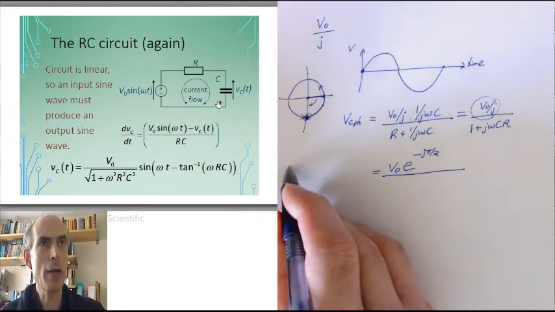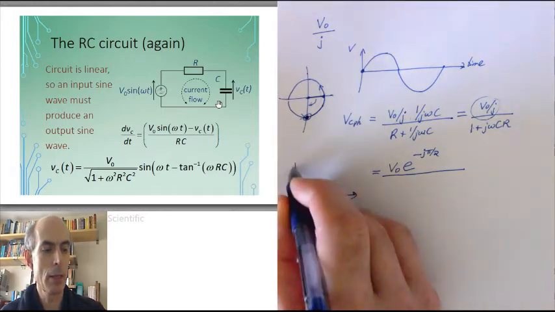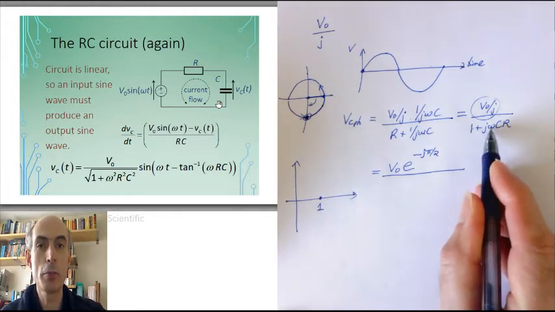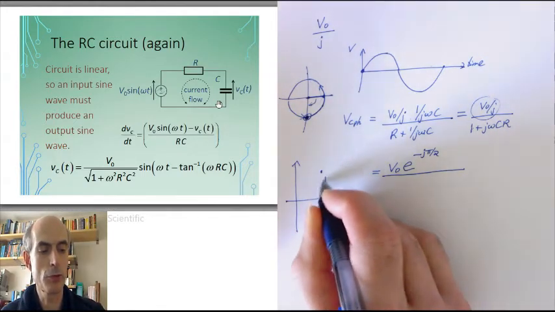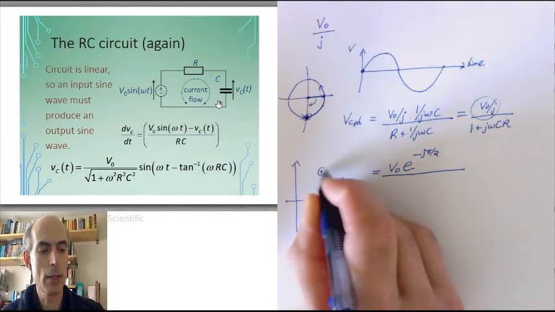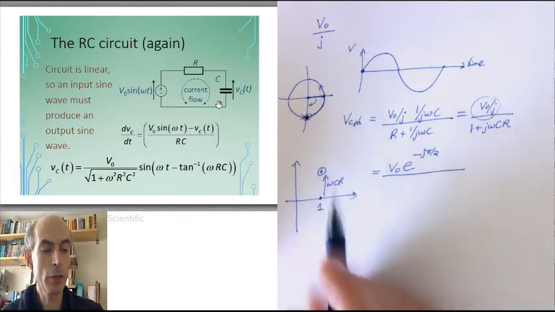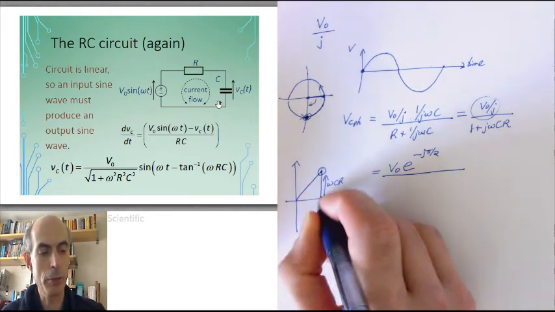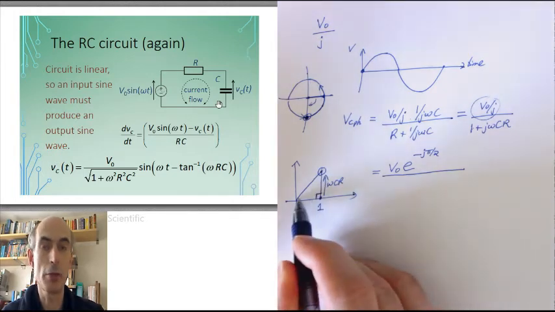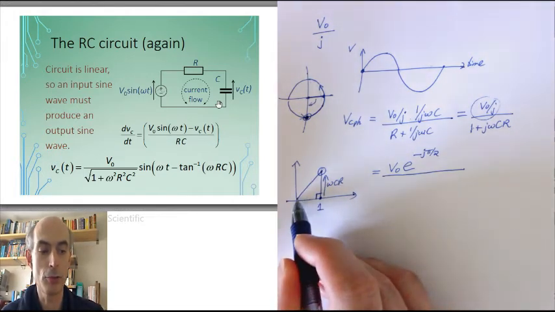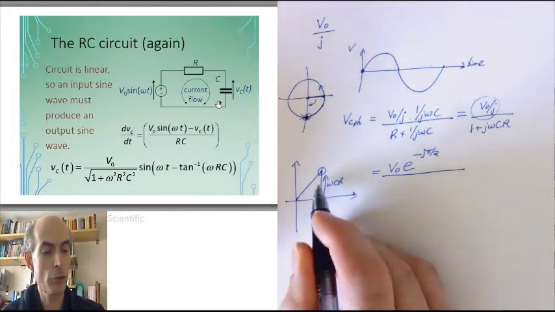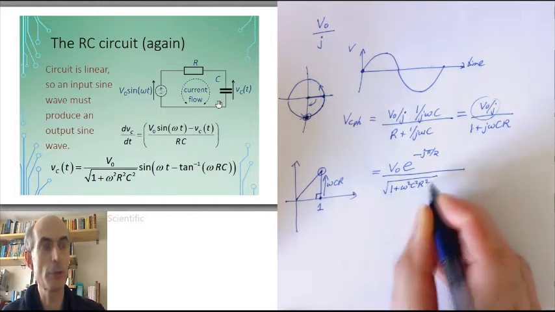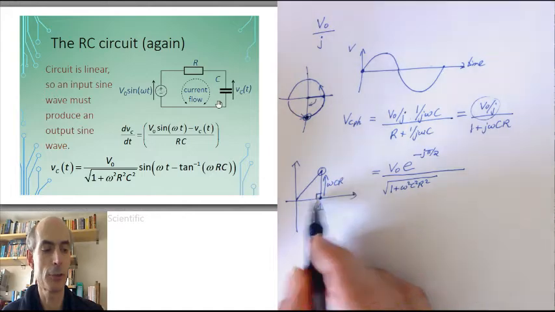Well, if I plot that on an Argand diagram, it would have a real part of 1 and an imaginary part of omega CR, where this distance here is omega CR. It would be there. So I can express this in terms of a polar representation by using good old Pythagoras to work out the distance from the origin, that's the amplitude of this phasor. So that would just be the square root of 1 plus omega squared C squared R squared. That's just Pythagoras in this right-angled triangle.